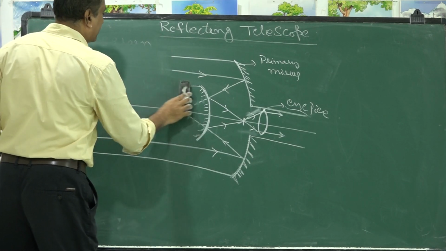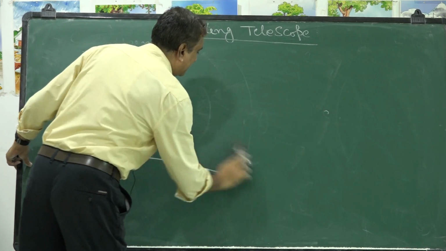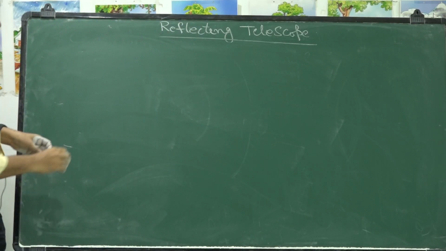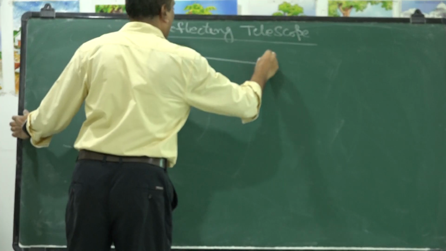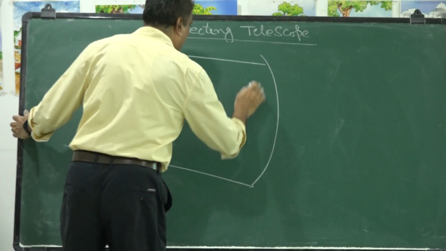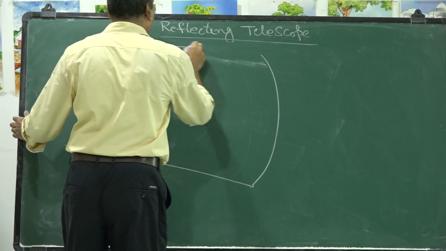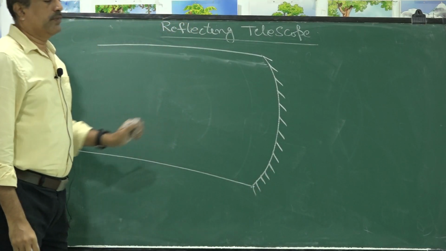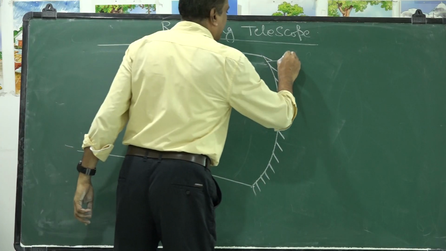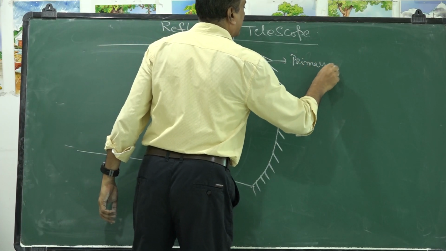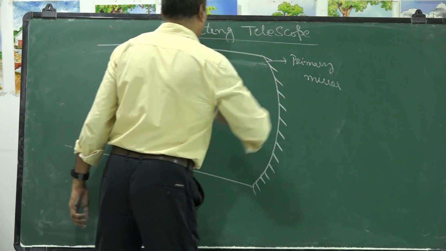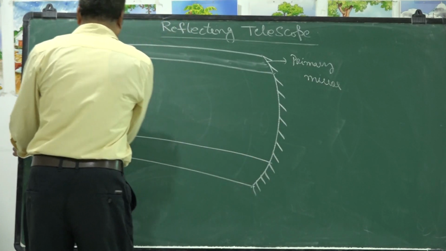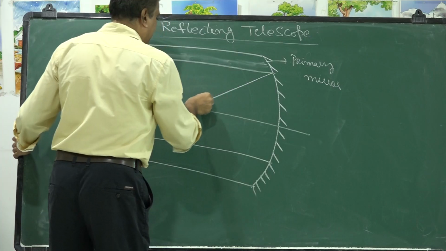In that one, it is also similar. So a paraboloidal concave mirror, similarly this is the primary mirror, and the light rays are incident like this. Let us suppose this is the axis.